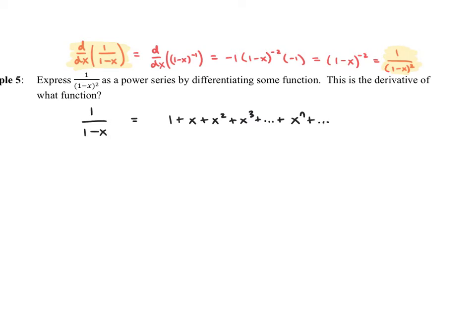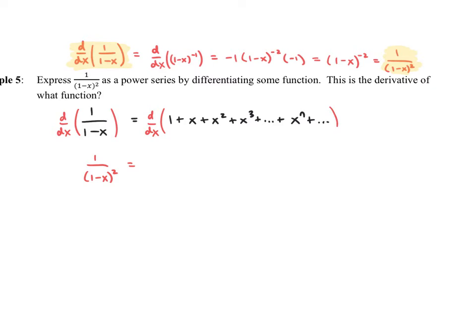Okay, I'm going to take the derivative of both sides. So I'm taking the derivative of the left, I'm taking the derivative of the right. So the derivative of the left, I just showed you, is exactly what we're looking for. It's 1 over the quantity 1 minus x squared.